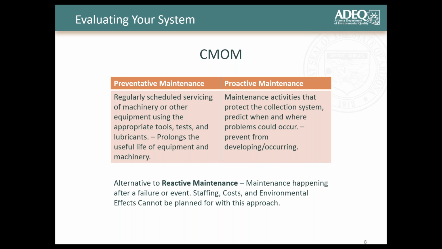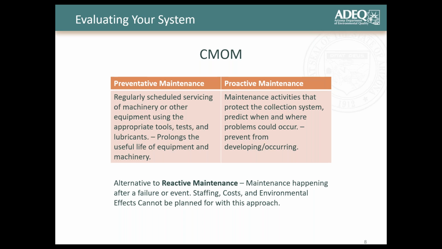It prolongs the useful time of your equipment, and proactive maintenance is maintenance activities that help protect your collection system, right? So the CMOM program wants to look at both the maintenance that you're doing to maintain the equipment that you're using for your maintenance activities out in the collection system, right? So both things matter, right?